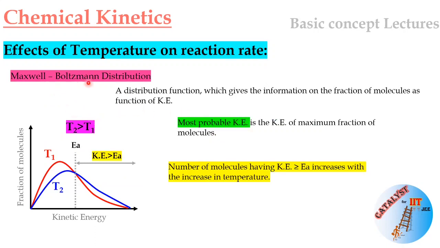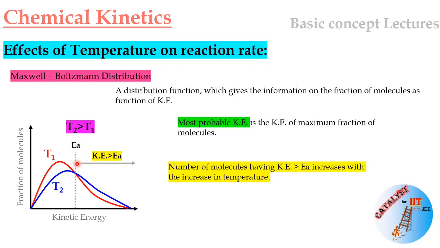Now from the Maxwell-Boltzmann distribution, what we know is that this is a distribution function which gives the information of the fraction of molecules as a function of kinetic energy. Now on the kinetic energy axis, you see that this is the kinetic energy required to match the activation energy.